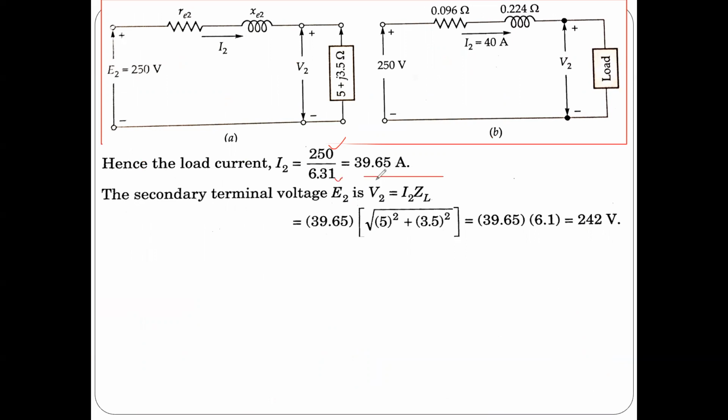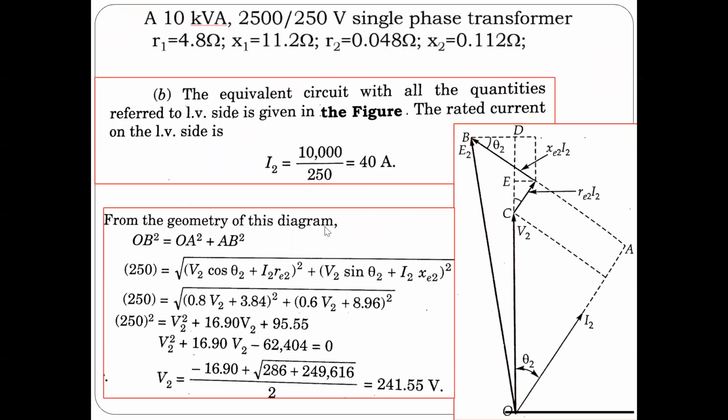And once you know the current, you can easily find the voltage across the load, which comes out to be 242. This you could have done using a phasor diagram also. Using a phasor, it's easy. You can either use a phasor to solve this problem, or you can do it analytically.